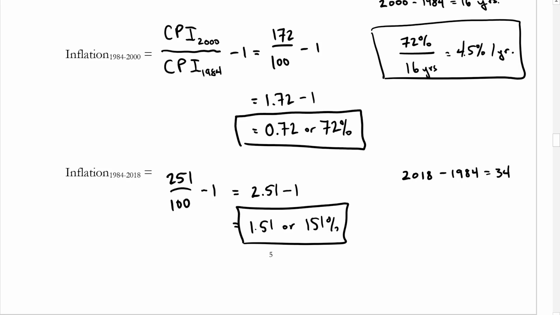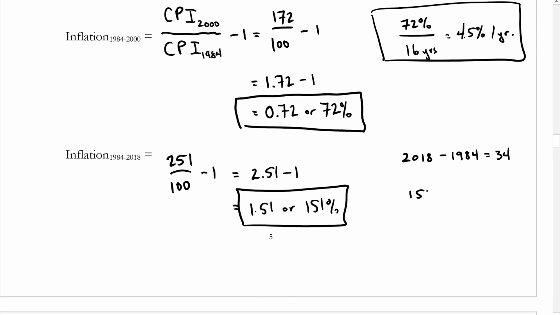That's 34 years. So 151% over 34 years is equal to 4.44%.